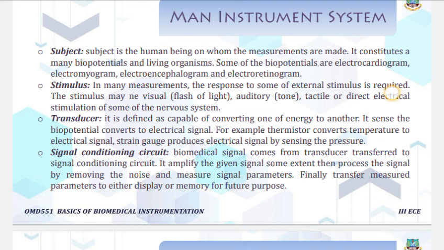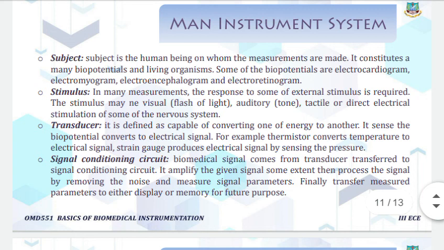So this signal conditioning circuit amplifies the given signal, processes it, removes the unwanted noise present in the signal, and also measures the various signal parameters. Finally, it transfers the measured parameters to either a display or memory for future purposes.